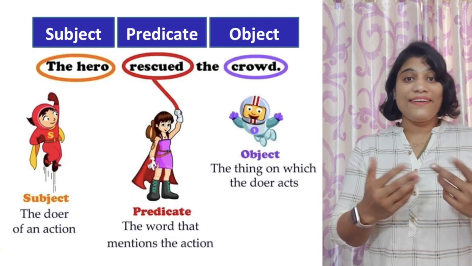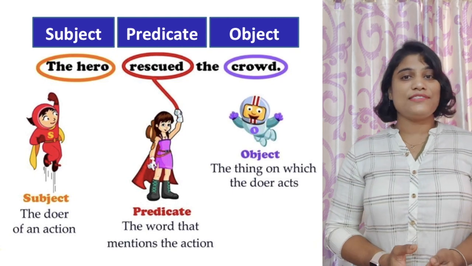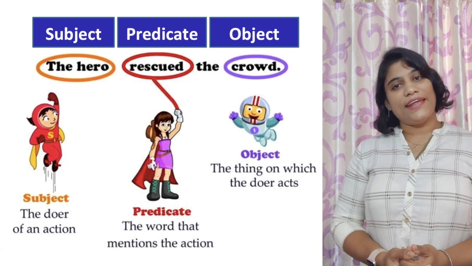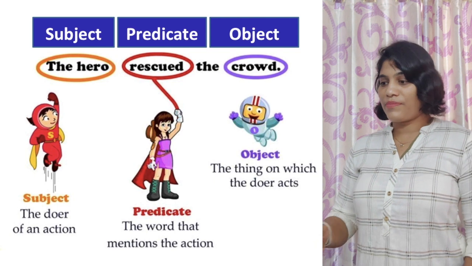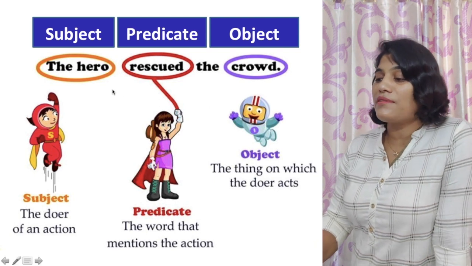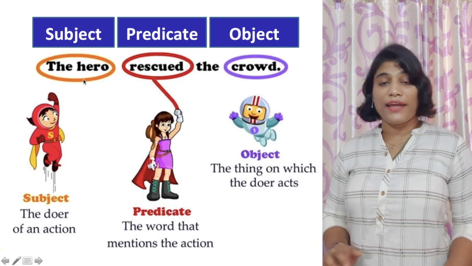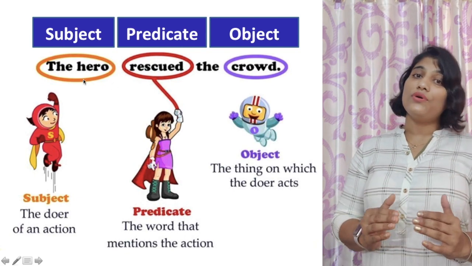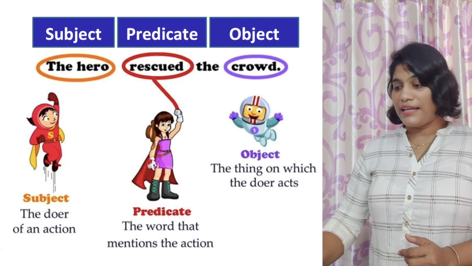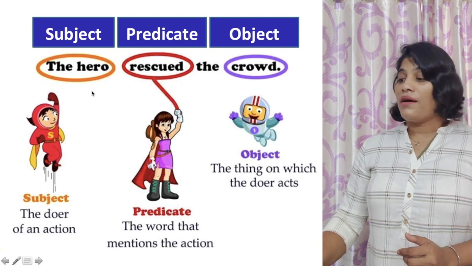Now, let's remember again the difference between subject, predicate and object. Here, there is an example: the hero rescued the crowd. Here you find subject is always the doer of an action, that is the hero.